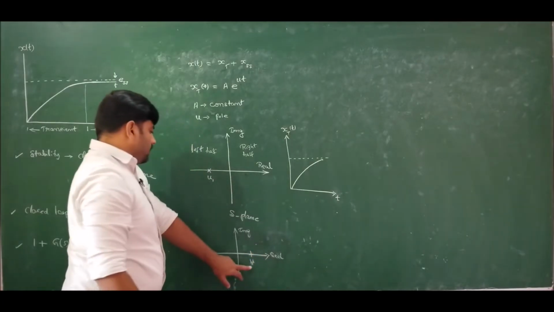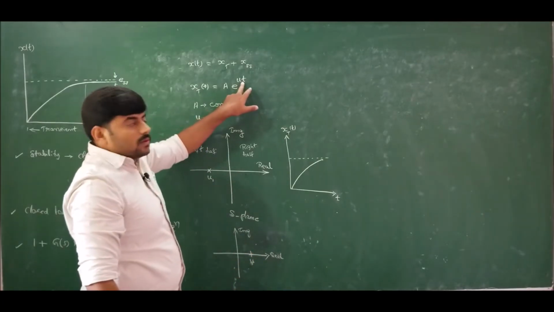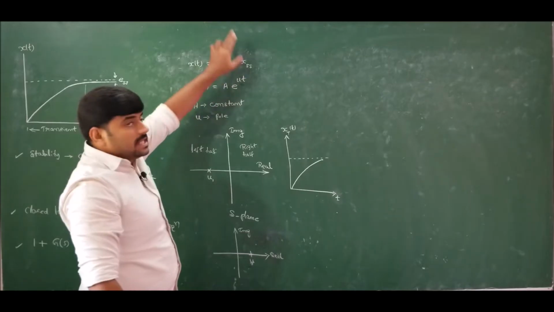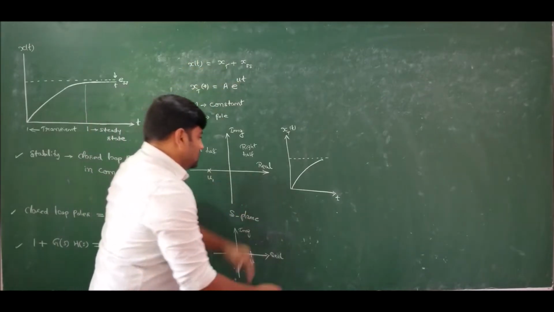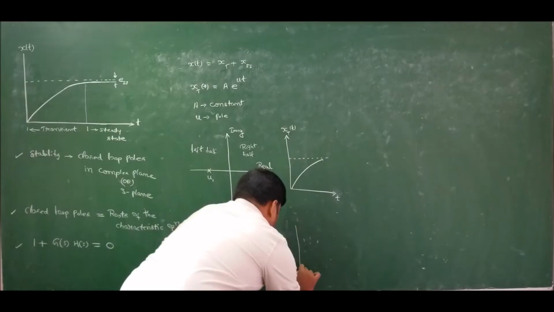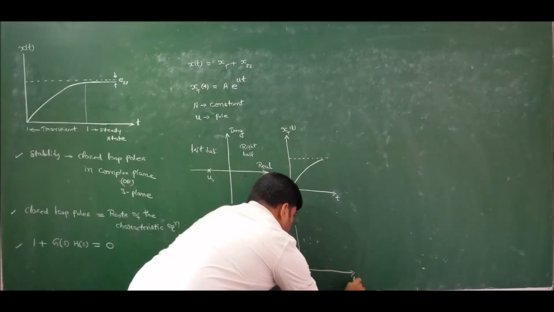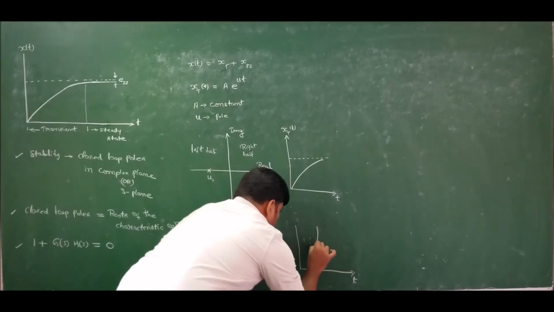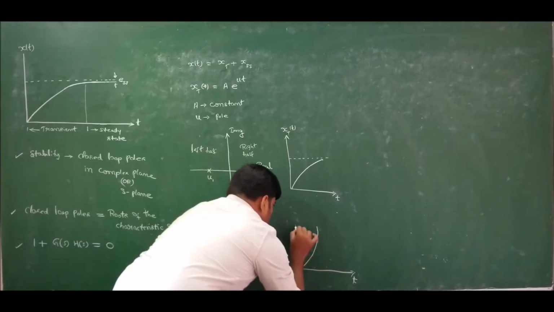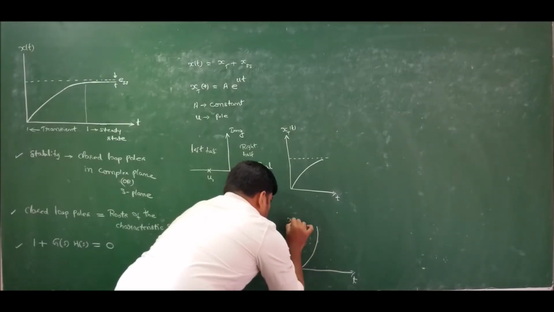This is the value of u. Since u is positive, what happens to the transient response? It increases exponentially. So what is the output that I am going to get? It is very, very unstable. Like this, I will get the system response. Correct? It is not at all reaching stability.